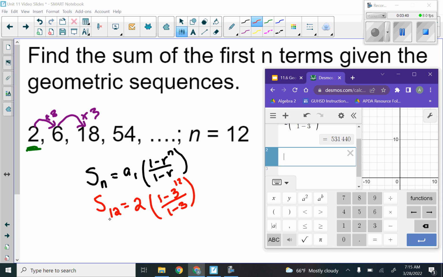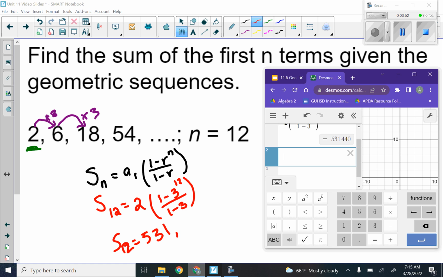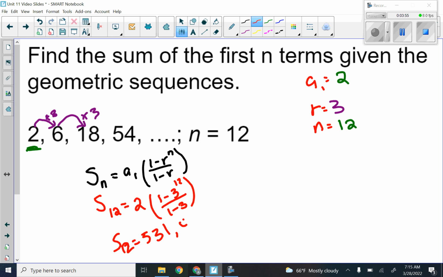We get 531,440 is the sum of our first 12 terms. So that is all we're doing when we're finding a geometric series.